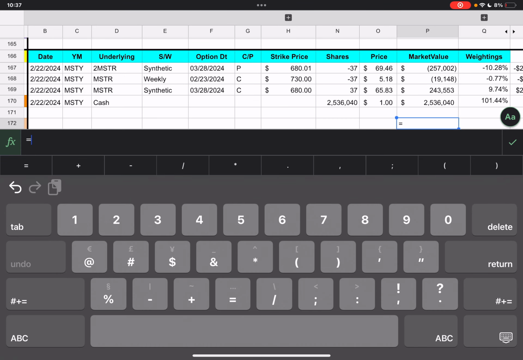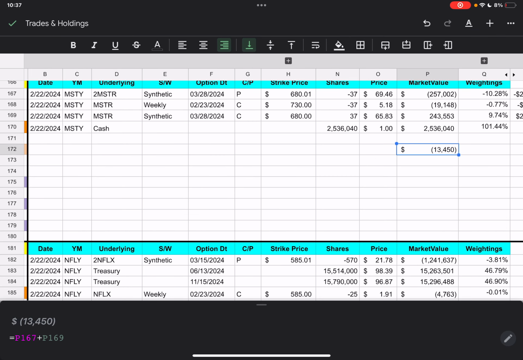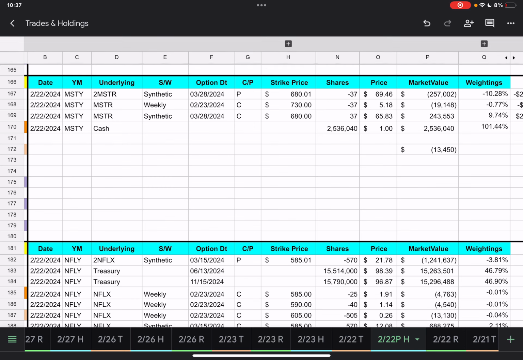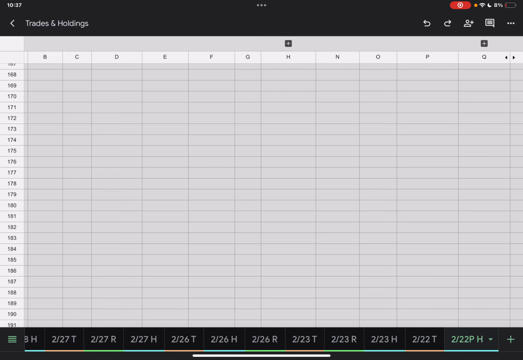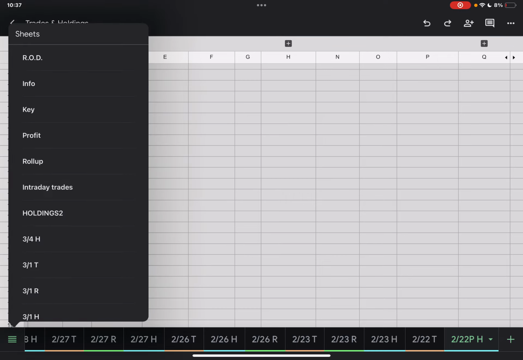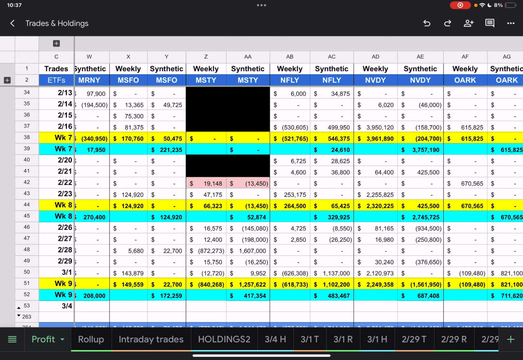So here we have our synthetic plus synthetic. So we have that negative 13 and that negative 19 for the weekly short call. I thought one of those, no, sorry. I thought one of those was, oh, I forgot it's the roll-up, isn't it?